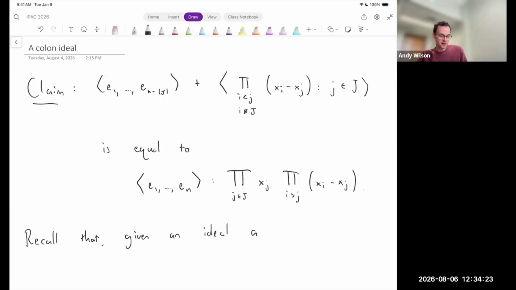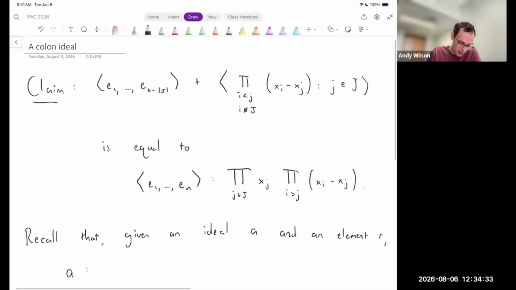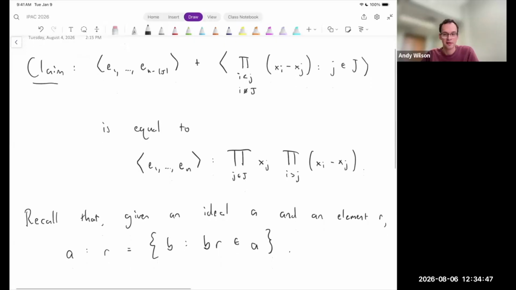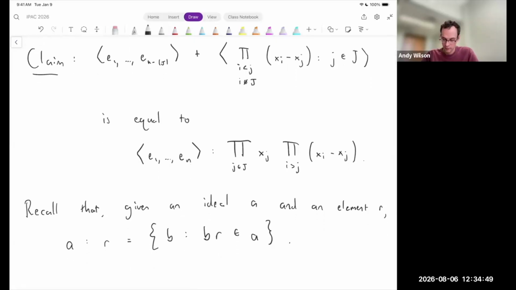Given some ideal A, and these can be defined for two ideals, but I'll just define it for an ideal and a ring element. So A colon R is just all the things in the ring such that when you multiply them by the ring element, you land in the ideal A. So they just need a little nudge to land in the ideal, and multiplication by R is this nudge.